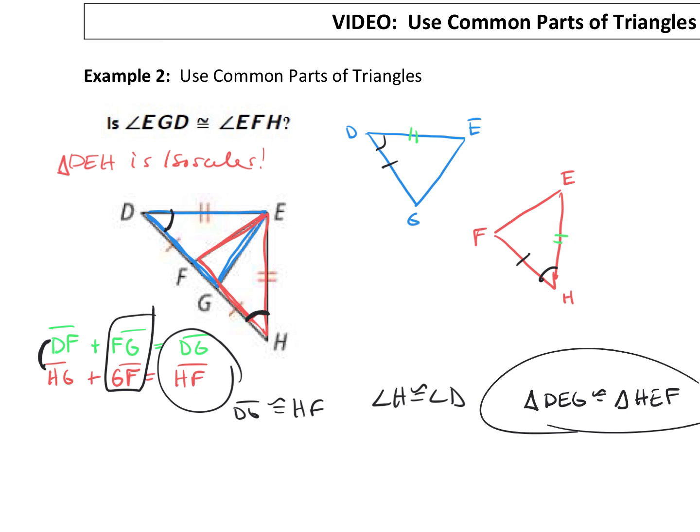We want to know is EGD, and again, where is EGD? Is this angle right there congruent to EFH? Well, those angles are corresponding, so I would say yes. Angle EGD is congruent to angle EFH by CPCTC.